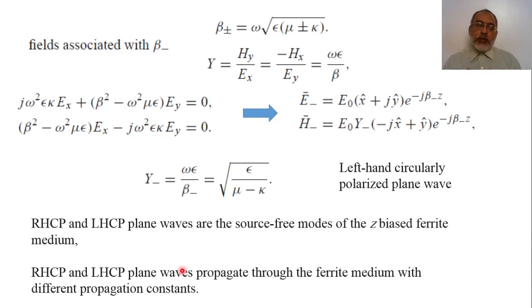Also, the characteristic admittance of the right hand is different from the characteristic admittance of the left hand. It means that inside the ferrite medium, we have a right-hand circular polarization propagating in a certain mode and another left-hand circular polarization propagating in a completely different mode.